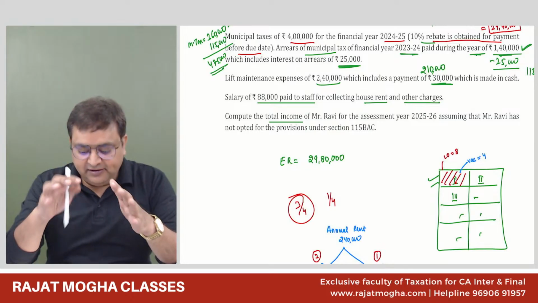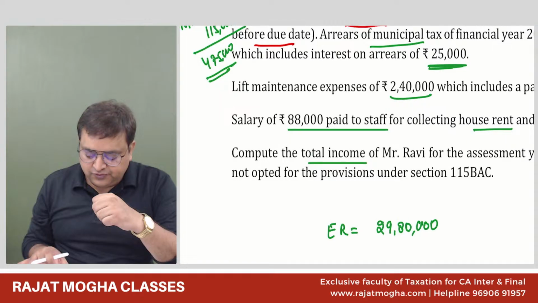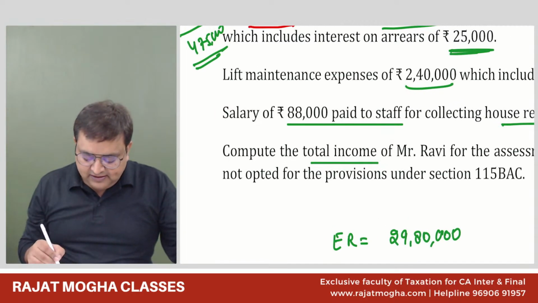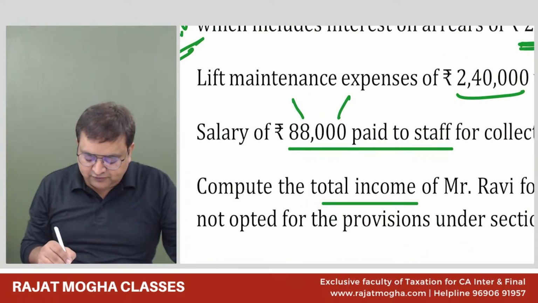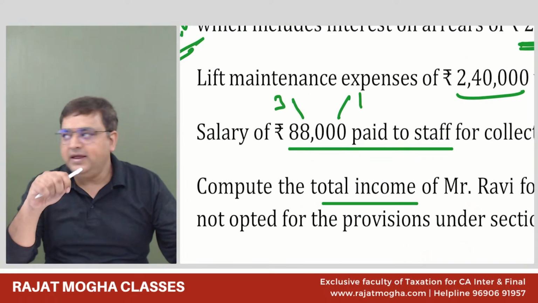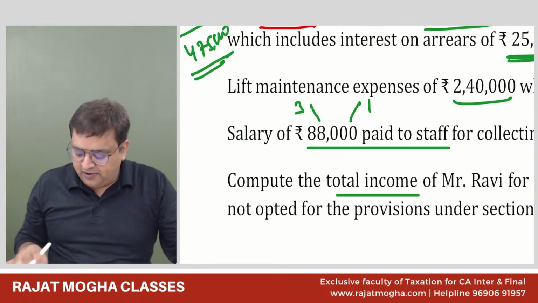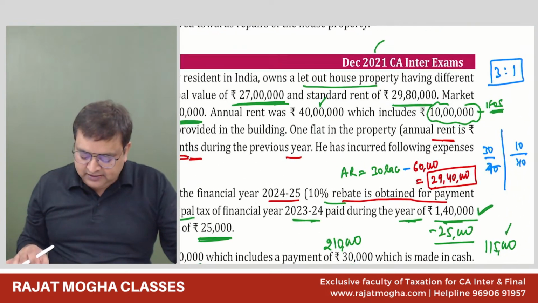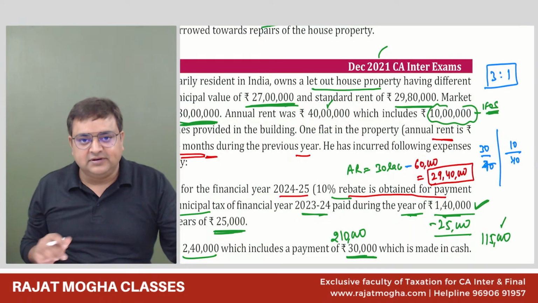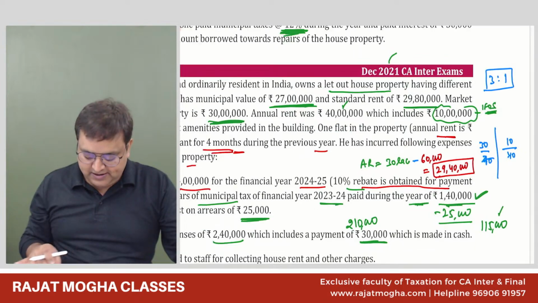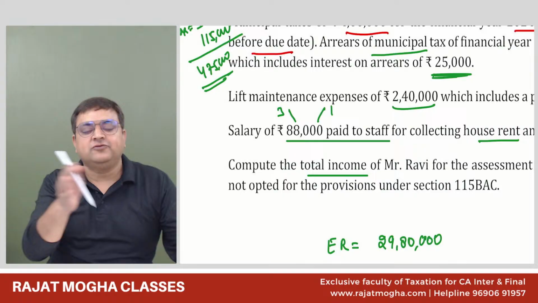Now, because this 88,000 is to collect house rent also and other charges also, can we say that house rent and other charges are in which ratio? They are in the ratio of 3:1. Do you all agree? How? Because we have already computed that total annual rent was 40 lakh, out of which 10 lakh is for IFOS. So they are in the ratio of 3:1. So this salary should also be divided in the ratio of 3:1.